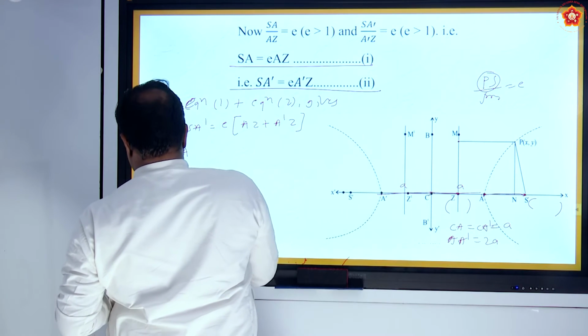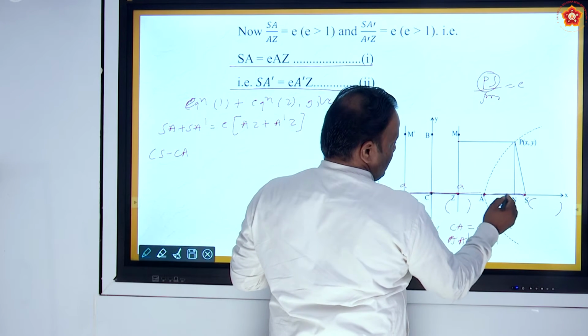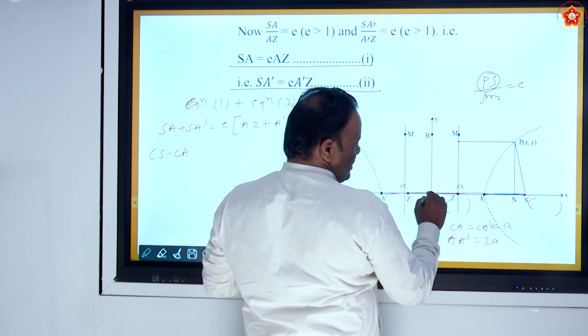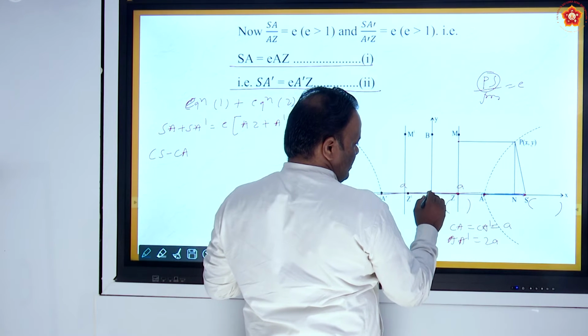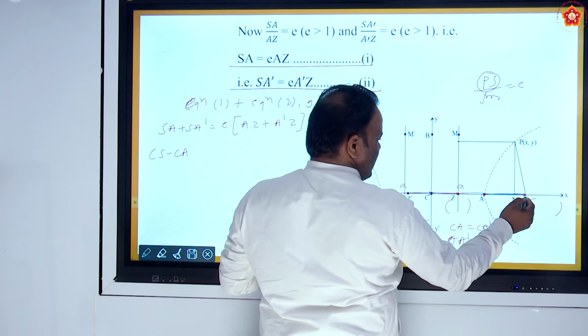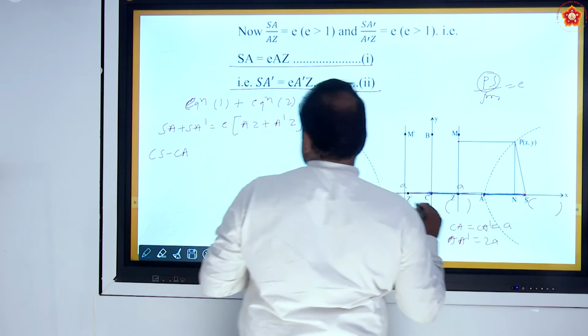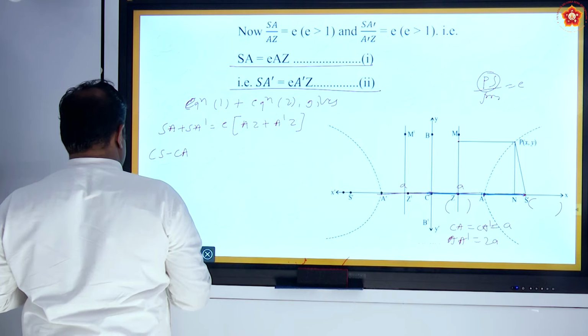Observe here, we need the SA length, this length, measuring from the origin: CS minus CA, then we get SA, CS minus CA, correct?